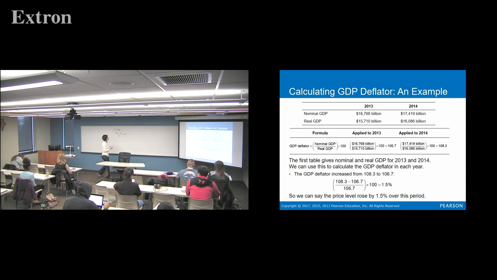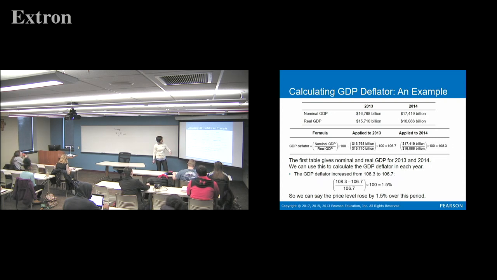So what we do with GDP, when we use GDP to calculate the rate of inflation, and actually we'll see this a little bit more in Chapter 9, is we have to look at that GDP deflator. And we're going to assume that 2014 is year 2 and 2013 is year 1 in this case, right?